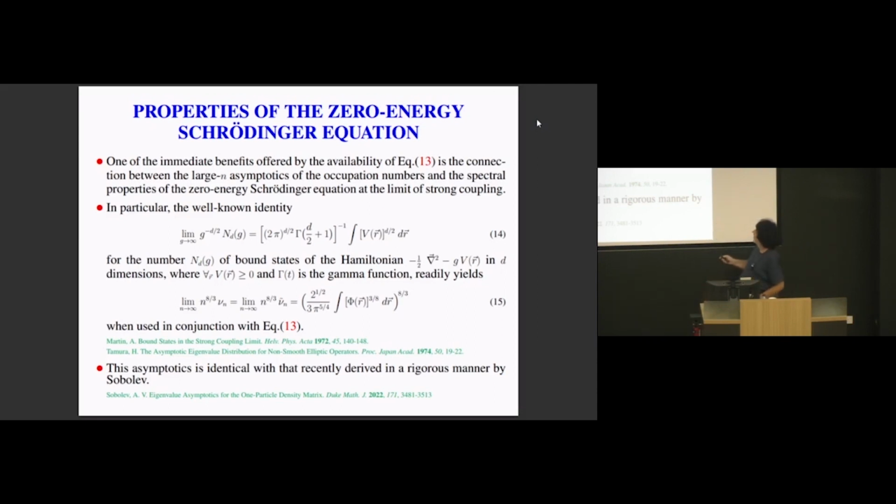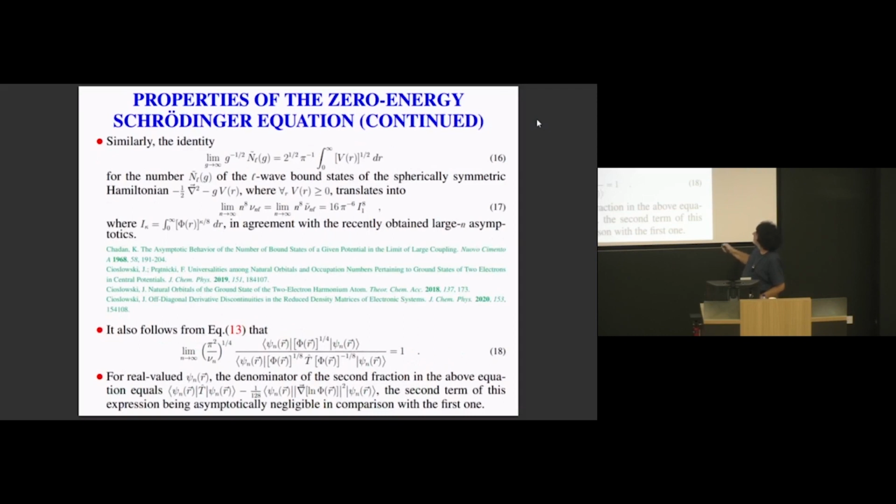Now we can ask another question. What is the number of states in such a potential, but states corresponding to a spherically symmetric Hamiltonian, where we have a fixed L and M, the angular momentum numbers? So we fix L and M, and we order orbitals within fixed L and M according to the principal number N, like for hydrogenic orbitals, N, L, and M. And when we do that, we obtain this asymptotic, which means we have a decay which goes like n to -8.